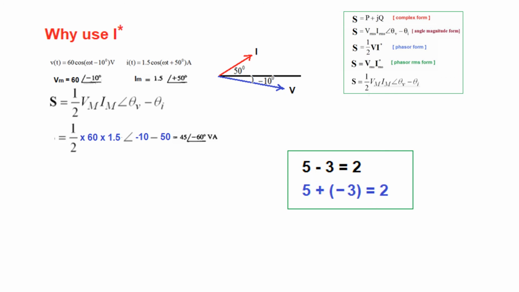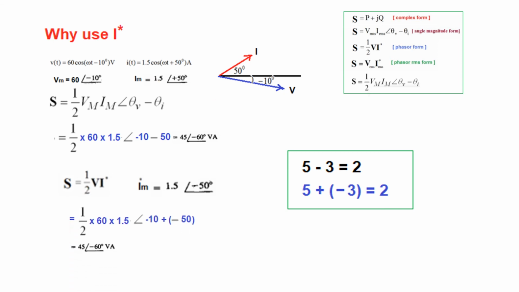Same here. What we are doing in the case of the I conjugate is just changing the angle of this one, and then we can directly use this formula. So we can directly use this formula or this formula. This is in the phasor form. Since we have the answer in phasor form, we can directly use this formula.